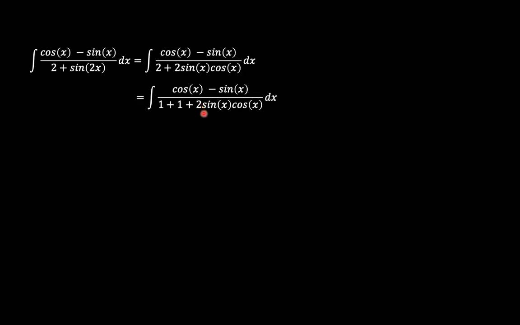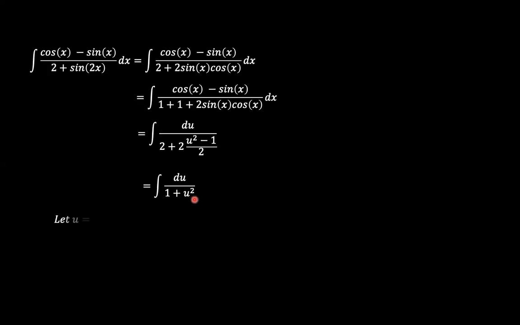This 1 plus 2 sine x cosine x is the same as u squared, and the numerator is the same as du. So we have a simplified problem, which is the integration of du over u squared, the integration of 1 over u squared.